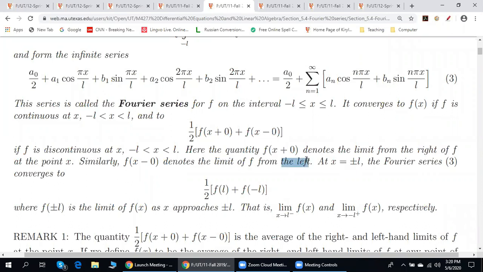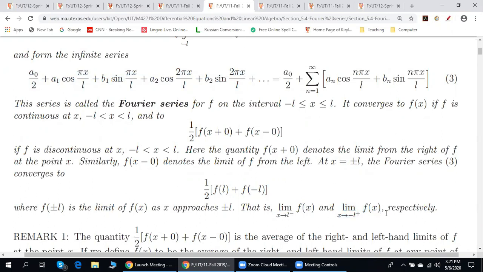Lastly, case 3. Suppose x is one of the endpoints. Then our series converges to this, where f of L is again a limit from the left, f of negative L is a limit from the right.